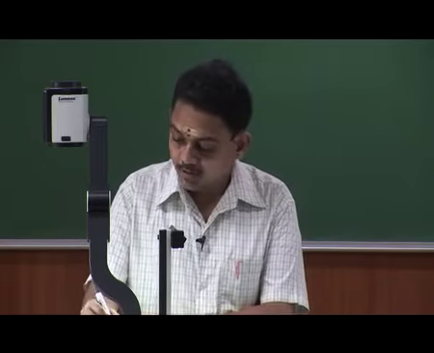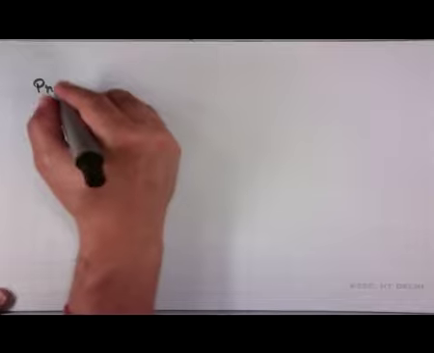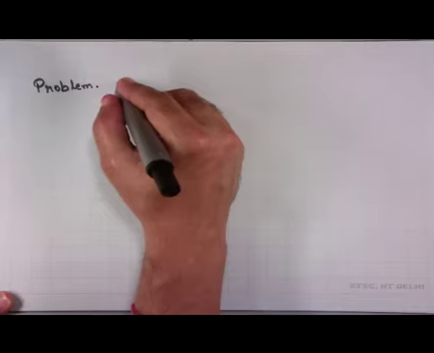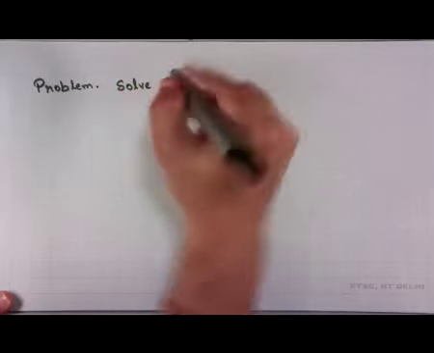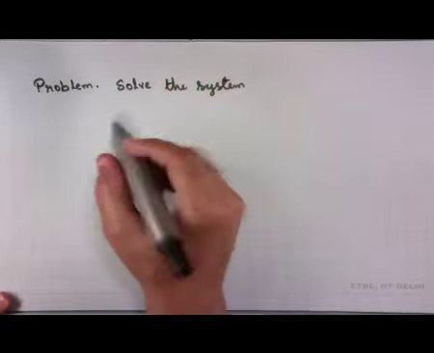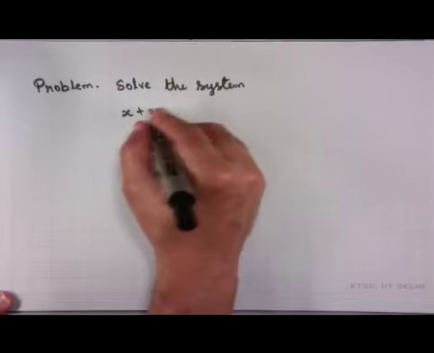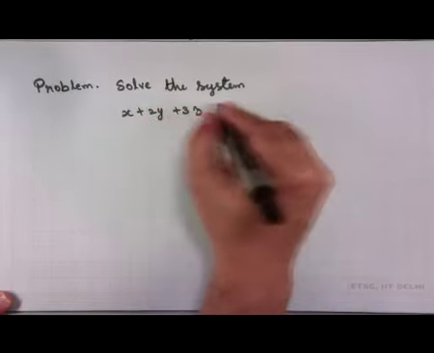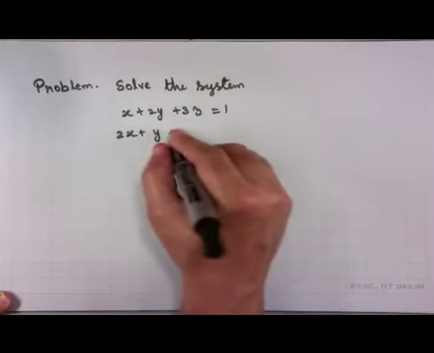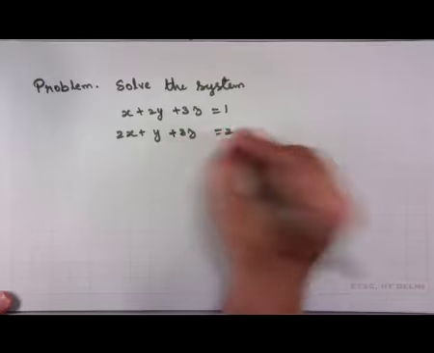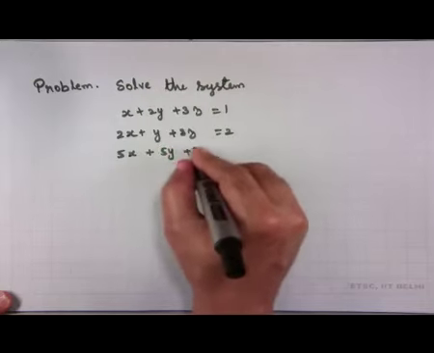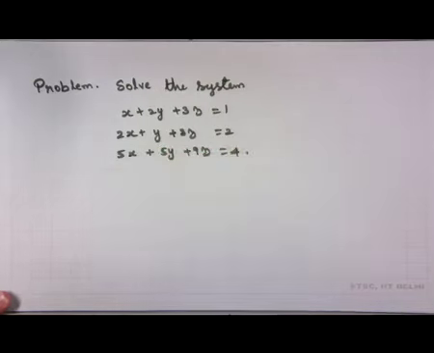Let us do one more problem on similar lines. Solve the system: x plus 2y plus 3z equal to 1, 2x plus y plus 3z equal to 2, 5x plus 5y plus 9z equal to 4.